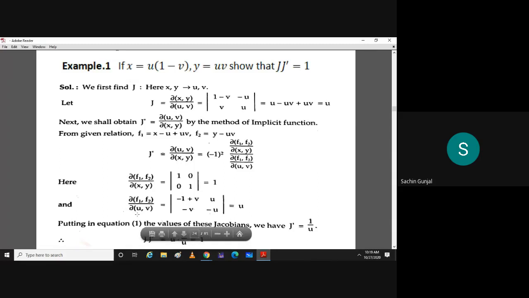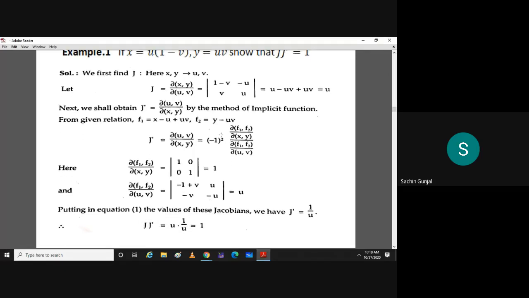Then f2 with respect to u is minus v, and f2 with respect to v is minus u. Now if you calculate this, you will get u. So j dash is equal to (minus 1) square, which is 1, the numerator is 1, and this second Jacobian is u. So j dash is 1 by u. Therefore, j into j dash is 1.